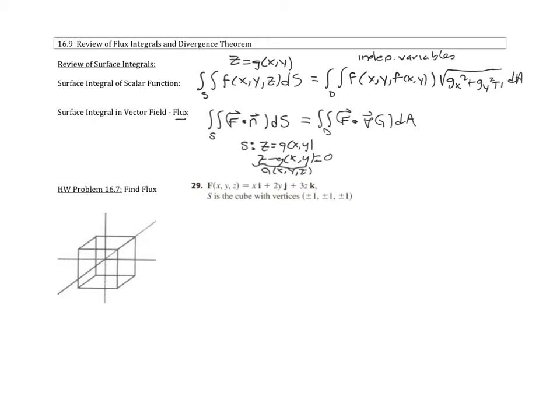All right, so in your homework from this section, you had this problem here. F is x plus 2y plus 3z, and the surface is this unit cube. Now I say unit cube, but it's actually 2 units on each side. It's 1 in each direction.